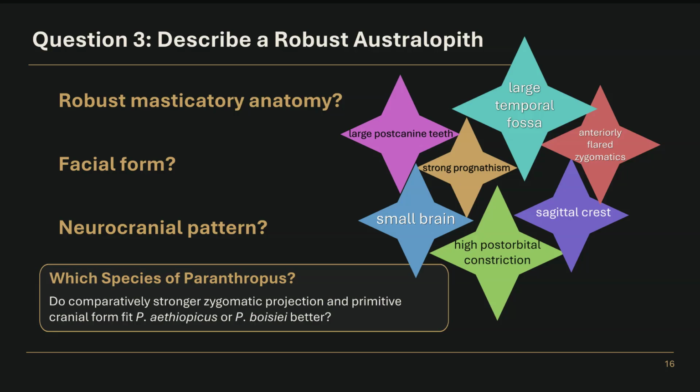So how do you know the difference between the species within the Paranthropus genus? When comparing Paranthropus aethiopicus and Paranthropus boisei, stronger prognathism, smaller brain size, and a more primitive cranial form fit aethiopicus better. Boisei shows a more derived, robust pattern, especially in its extreme facial and postcanine specialization.